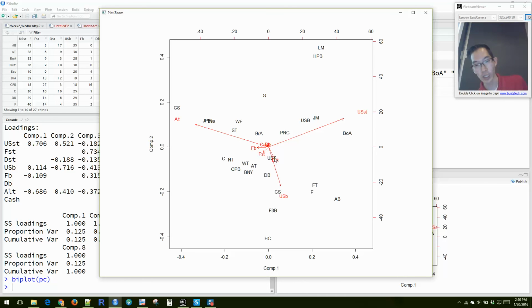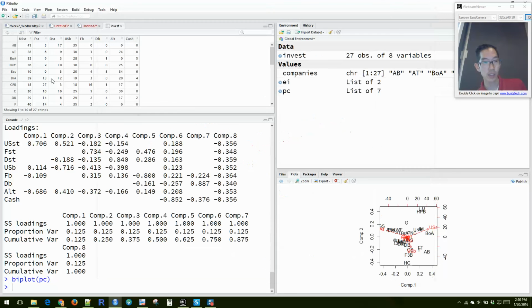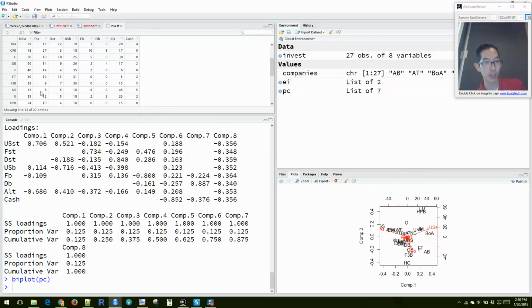But for component 2, the bonds play a large role, as well as stocks and alternative investments, okay? And so these show you where the things go, and so we can see, oh okay, this bank right here, GS, differs from the others in their placement of alternative investments. So if we looked at that row, yeah, indeed, they've placed a high weight on alternative investments, and a lower weight on U.S. stocks, okay?